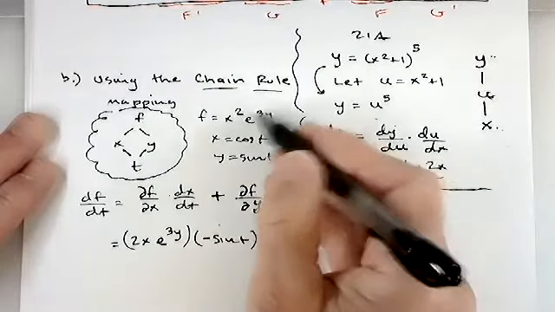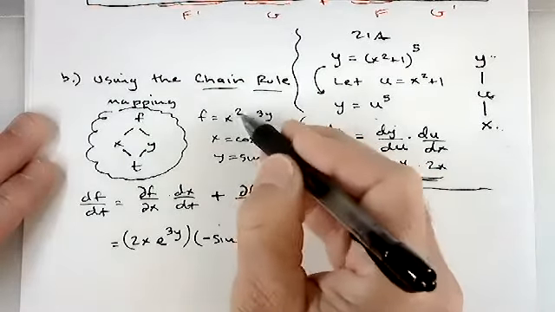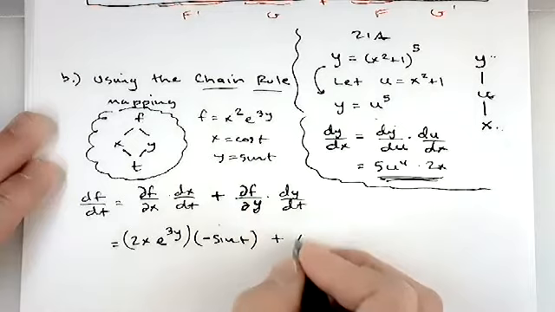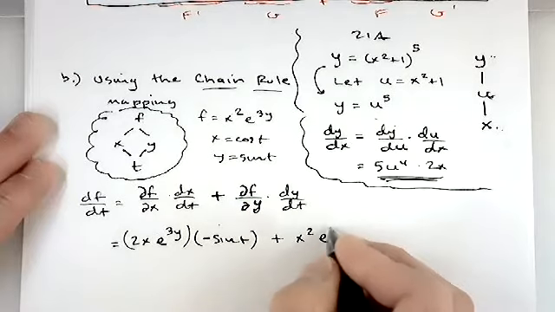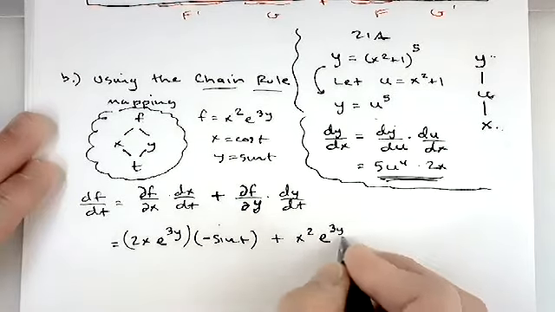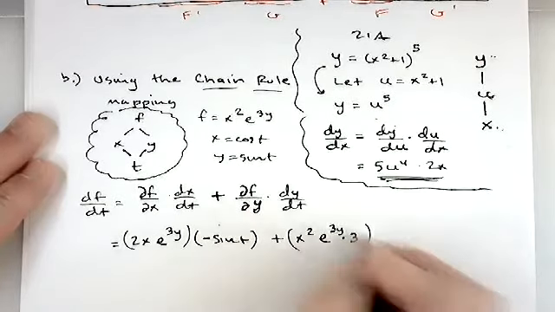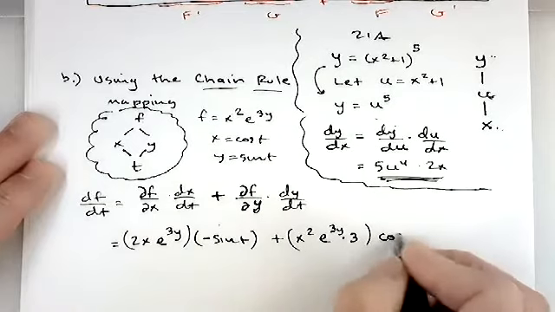The partial derivative of f with respect to y: x squared is constant, which is multiplied by my variable, so that just stays there. And the derivative of e to the 3y is e to the 3y times 3. And then dy dt is cosine t.